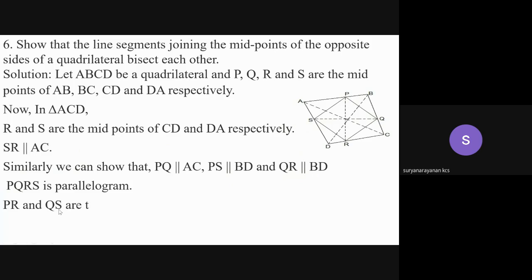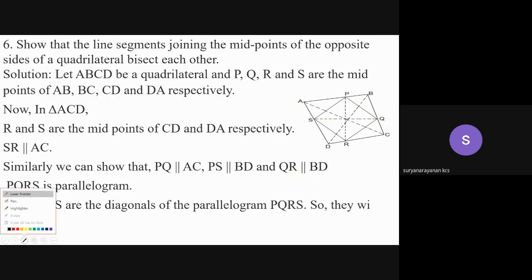PR and QS are the diagonals of the parallelogram. Yes or no? If you observe these PR and QS line segments carefully, my children, these two are diagonals of this parallelogram PQRS.